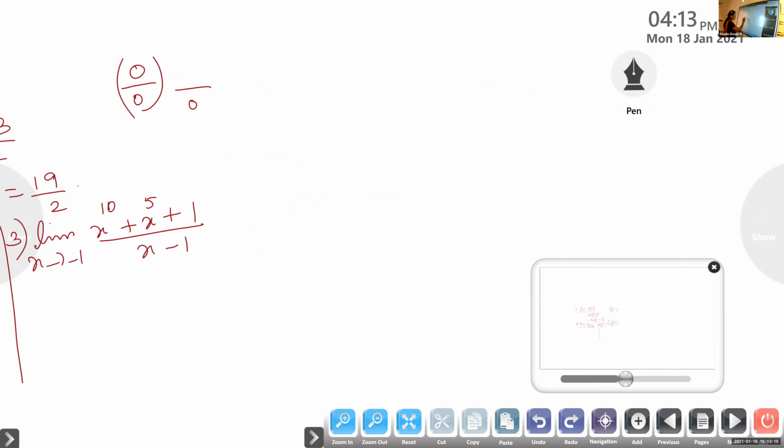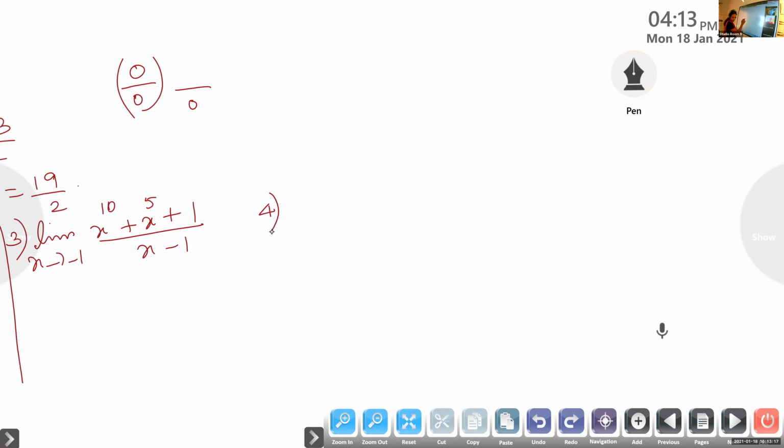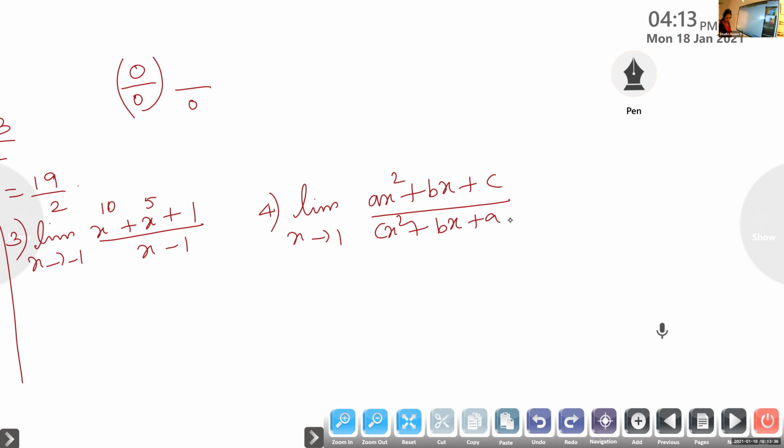And for the fourth one, limit x tending to 1, ax square plus bx plus c by cx square plus bx plus a. Do these questions.